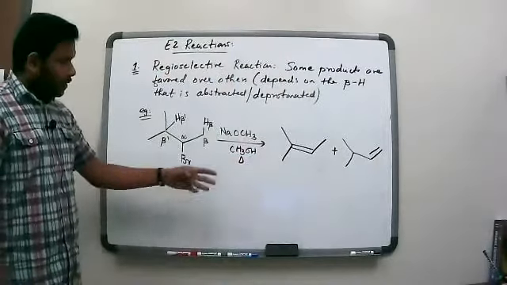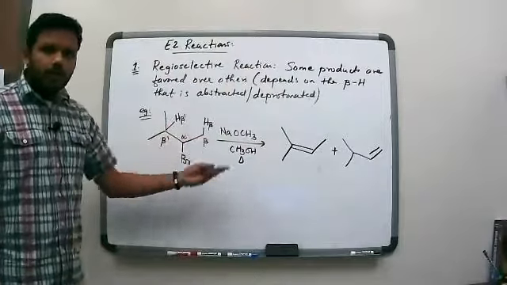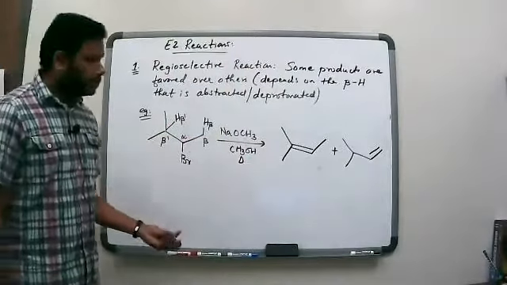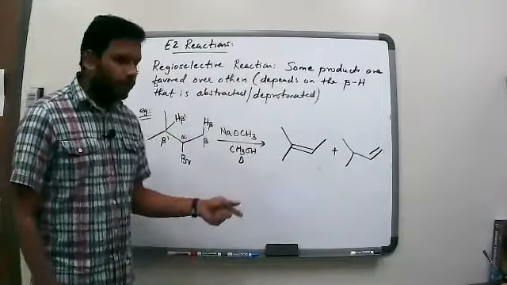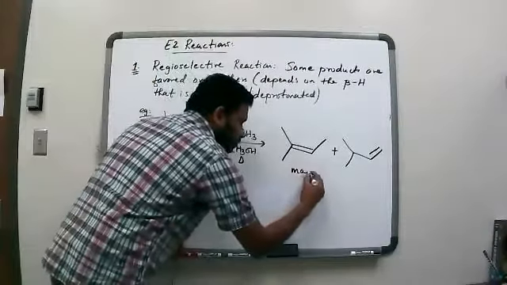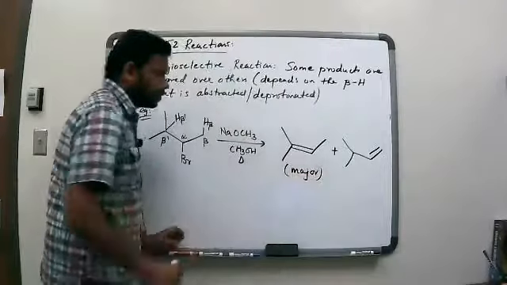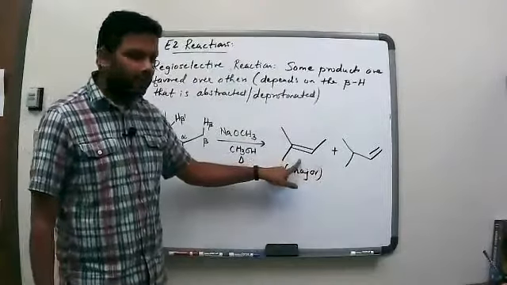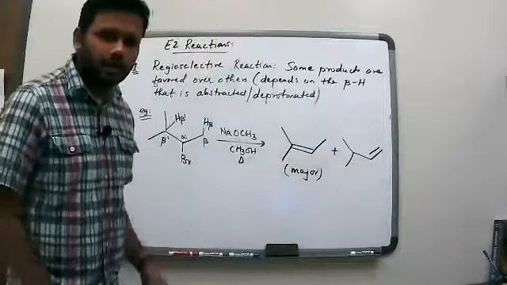Now, since we already know the stability of alkenes, what we know is that the more stable alkene here is going to be the major product, because that's a tri-substituted alkene and this is a mono-substituted alkene.